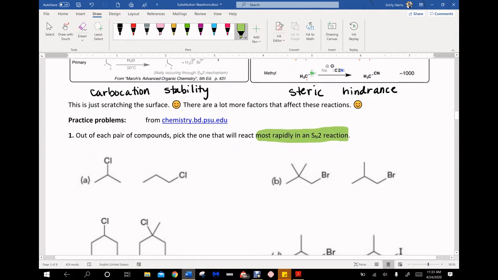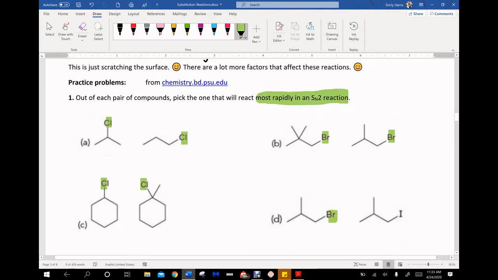All right, so let's take a look here. You've got your leaving groups on each of the molecules, which in this case are bromines, iodines, and chlorines, so all halogens. Let's take a look at A right quick. In each of them, the carbon that is attached to the leaving group is where all of this reaction is taking place.